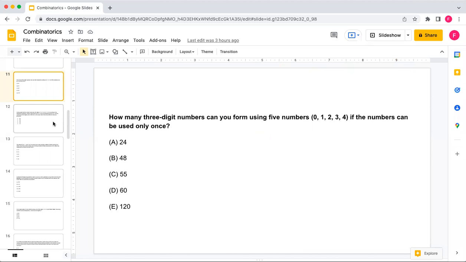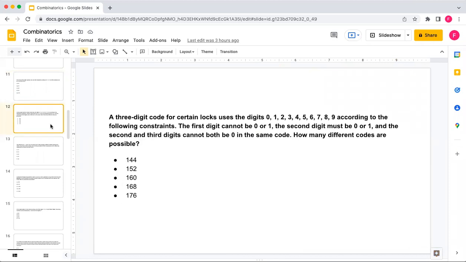We have plenty of such questions. If you're in doubt, you will just be cleared out. Okay, just try this question. A 3-digit code for certain locks uses the digits 0 to 9 according to the following constraints. The first digit cannot be 0 or 1.